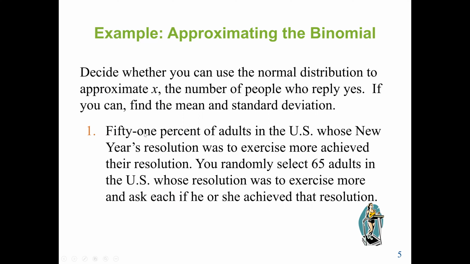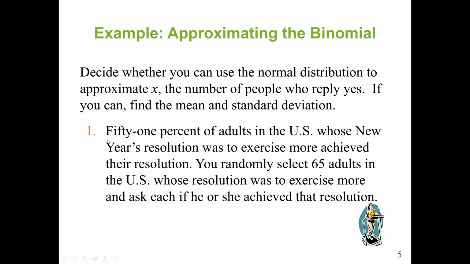Here we have 51% of adults in the US whose New Year's resolution was to exercise more achieving their resolution. You randomly select 65 adults in the US whose resolution was to exercise more and ask each if he or she achieved that resolution.